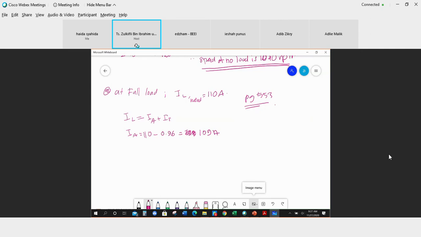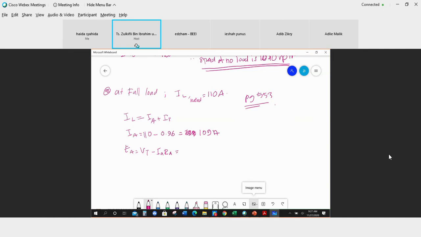So when we get IA at this full load, you need to find EA, which is equal to VT minus IA RA.